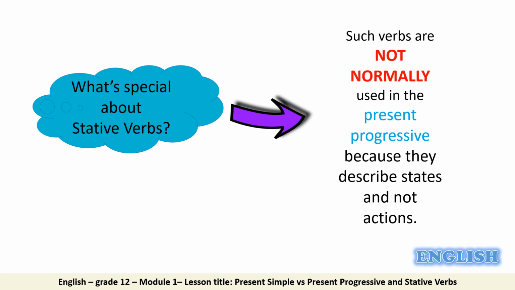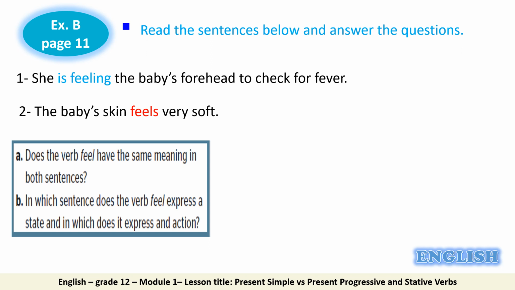Such verbs are not normally used in the present progressive because they describe states and not actions. But is it always the case? The answer is in exercise B, page 11. Read the sentences below and answer the questions. One more time, click on the pause button and do the exercise.